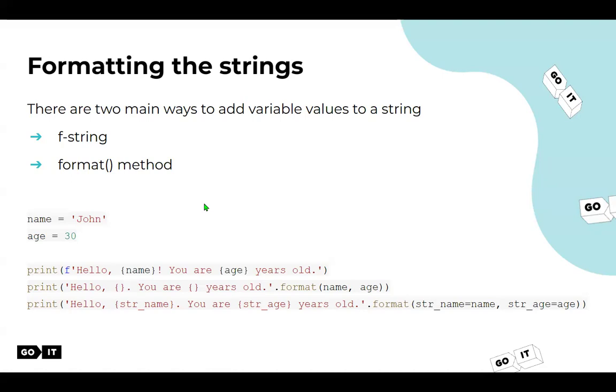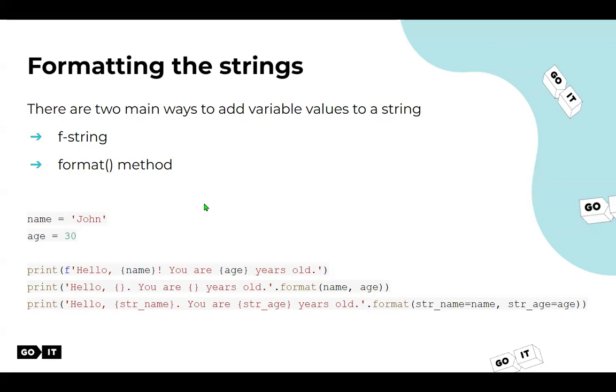For the f-string, that will be the first line: print f "Hello {name}, you are {age} years old." When that prints, it will be: Hello John, you are 30 years old. Okay, so that's one way to add a variable to the string.